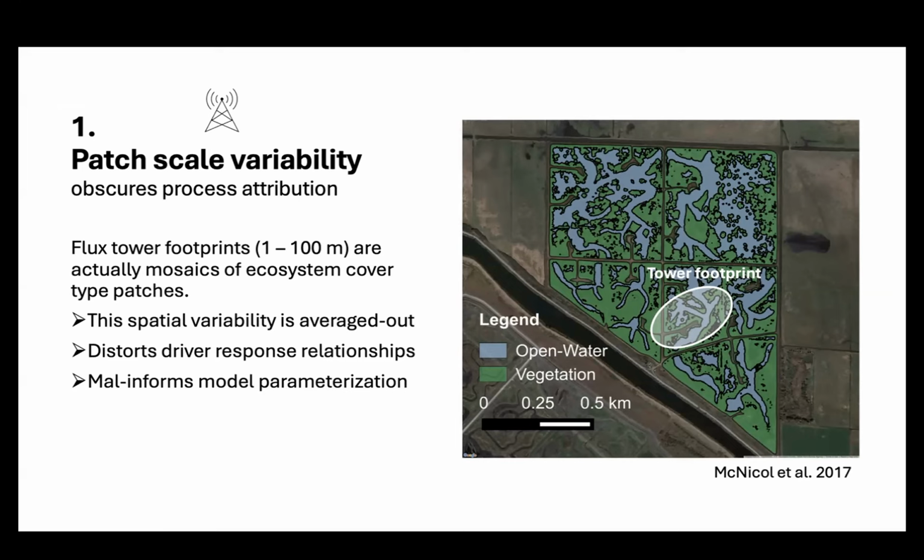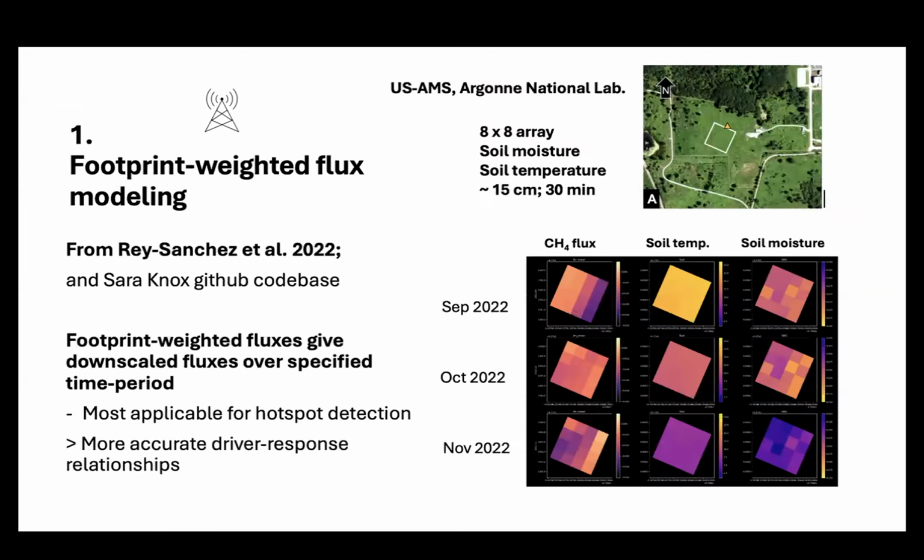This error is incorporated into our driver response relationships that we use in modeling and propagates to the global scale estimates. So, very briefly, there are emerging approaches to downscale from the tower flux to a spatially explicit map of emissions, where we can identify hotspots of emission, but maybe also tie those emission dynamics, flux dynamics, to more relevant soil and ecosystem properties.